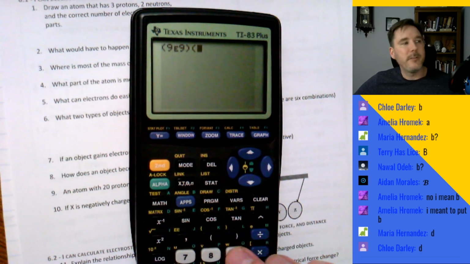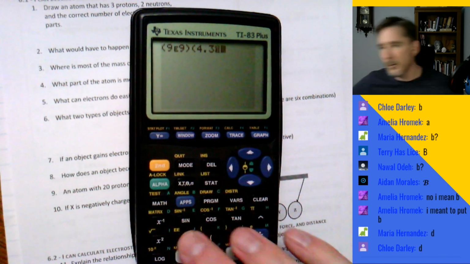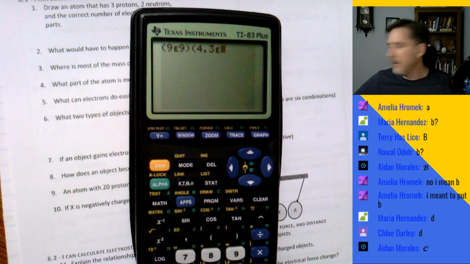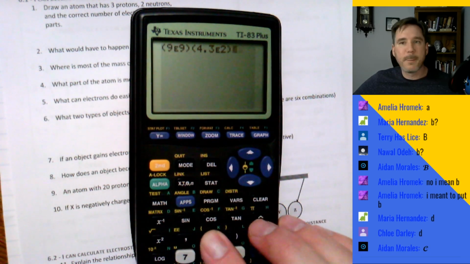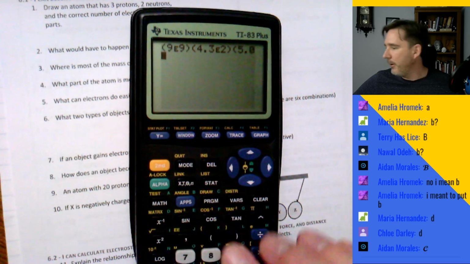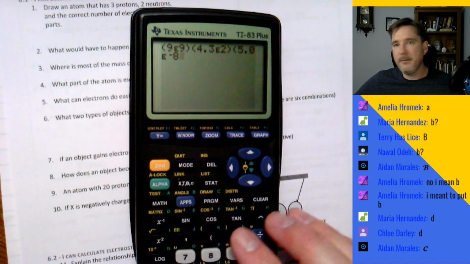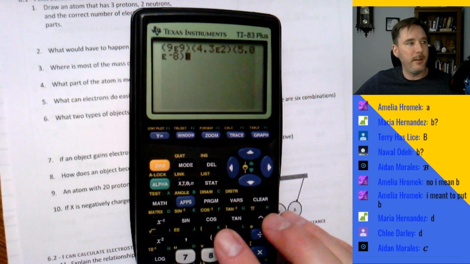I know I don't have it up on the screen anymore, but it's 4.3. I should just take your word for it. That's D. Most of you are getting D. Times the 2, and you should be able to do this yourself too. So 5.0 E negative 8, and once again, just get used to putting all that in there.